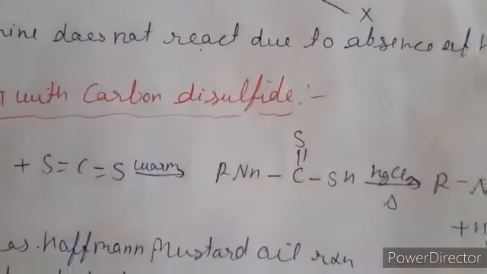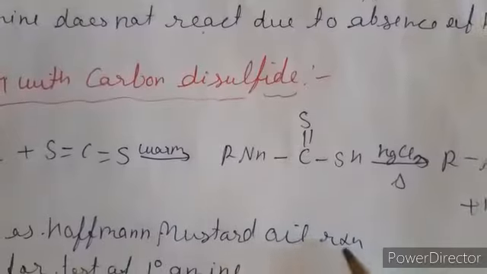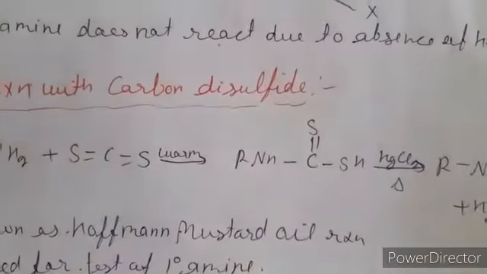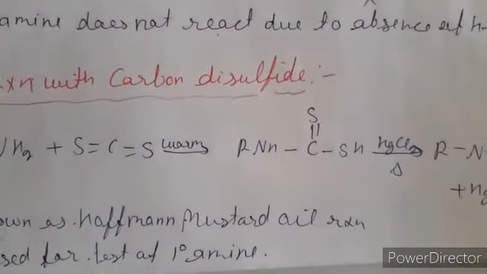This reaction is known as the Hofmann mustard oil reaction, and it is used as a test for primary amines, because secondary and tertiary amines do not give this test.